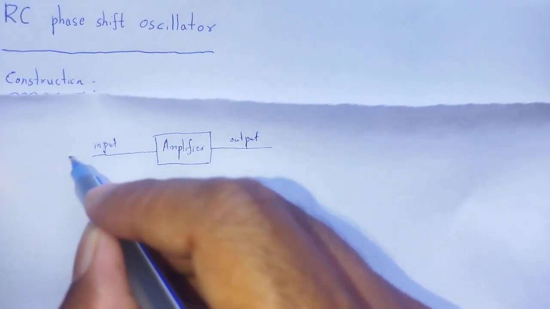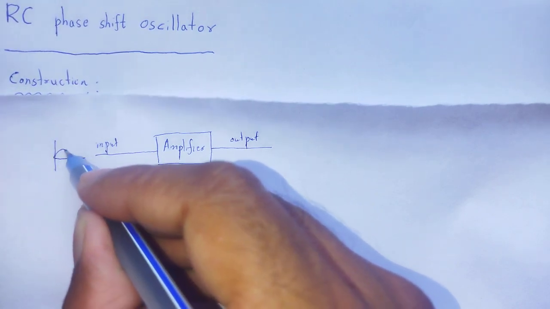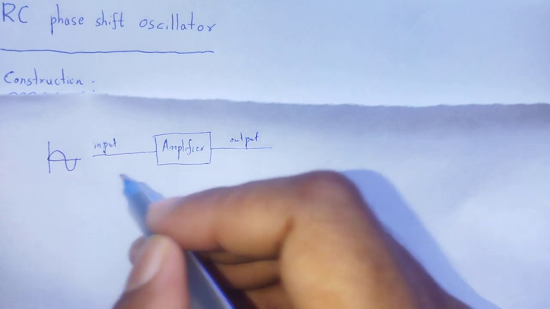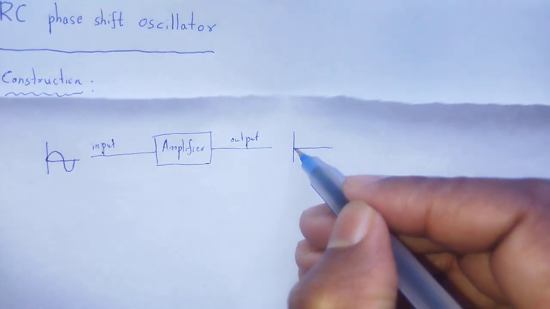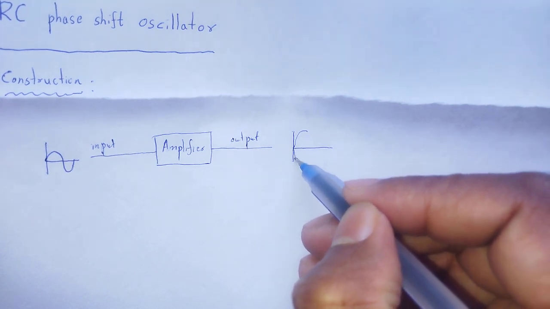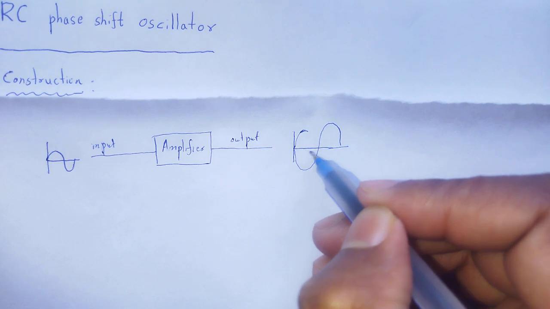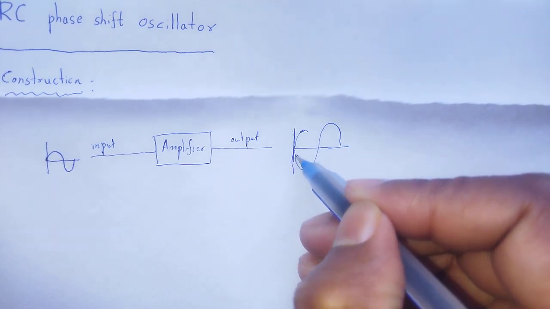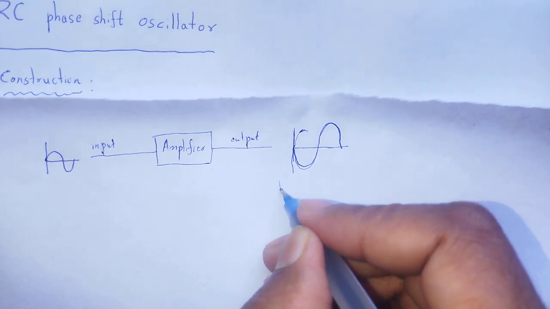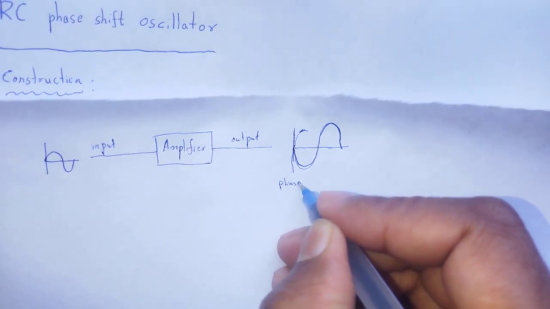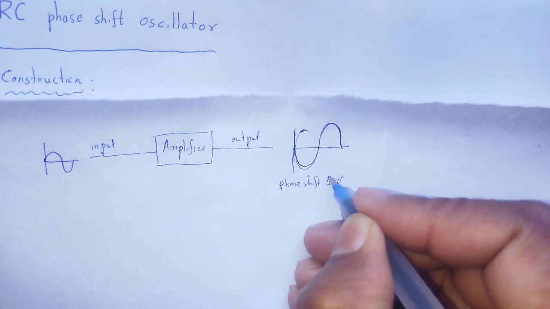If we take the input signal, then at the output we obtain the amplified signal but out of phase, that is, a phase shift of 180°.